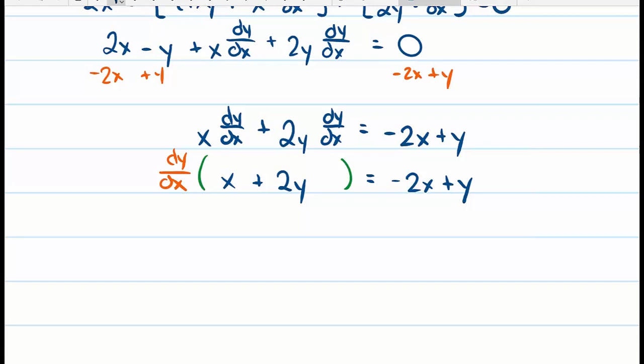Okay, I'm just double checking for mistakes. I think everything looks okay here. So now we're going to divide both sides by x plus 2y.